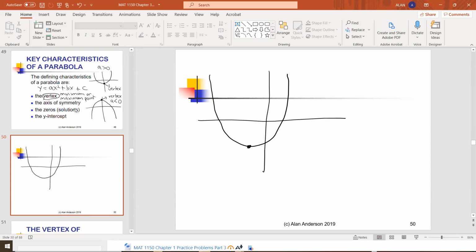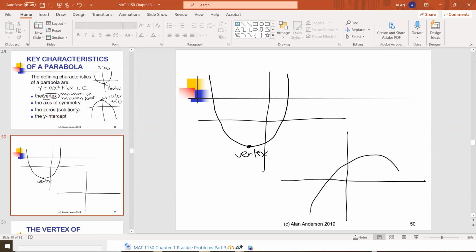And then this would be our vertex, and it's not on the vertical axis. And then we could have something like this. Okay, well, I didn't draw that one terribly well, but I wanted just to make sure it's clear that the vertex doesn't have to be on the vertical axis. It can be anywhere.